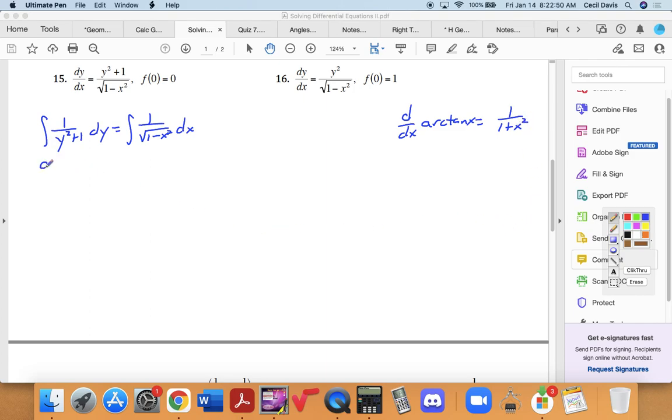So this is the arctangent of y. And on the right side, do you recognize that one? Arcsine. Yeah. So this one is arcsine of x plus a constant.